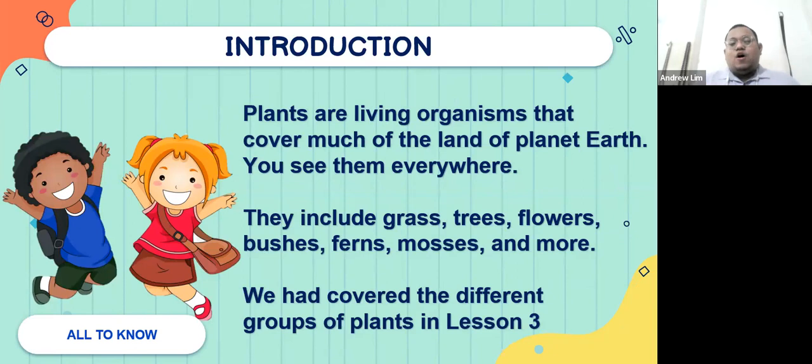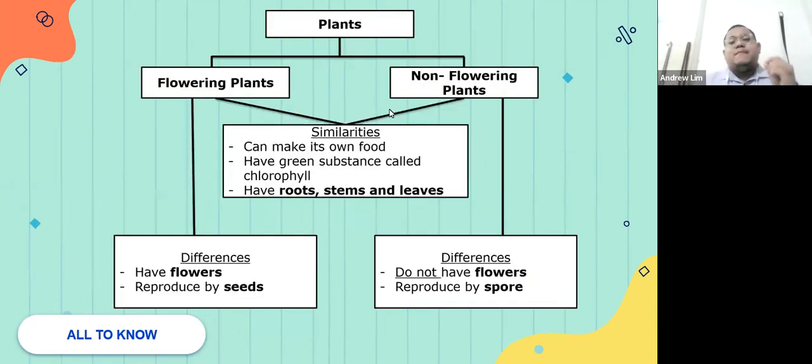Plants are actually living organisms that cover much of the land on planet Earth. We see them everywhere. They include grass, trees, flowers, bushes, ferns, and so on. We have covered different groups of plants in lesson 3. We know that plants are divided into flowering and non-flowering plants. They both are similar in that they can make their own food.